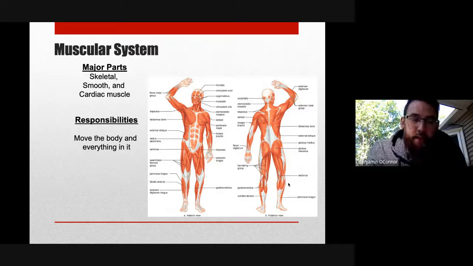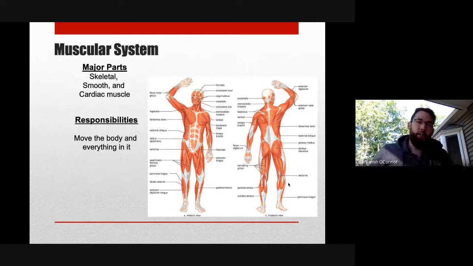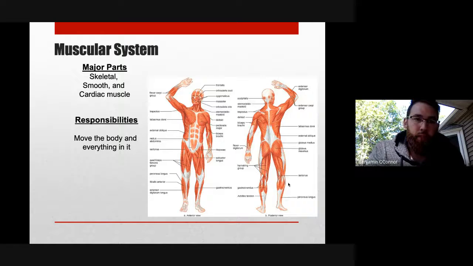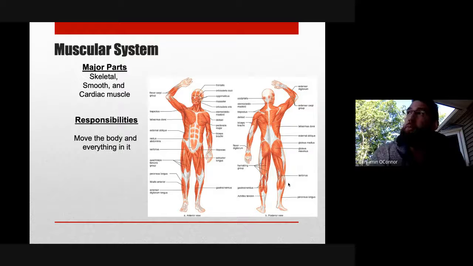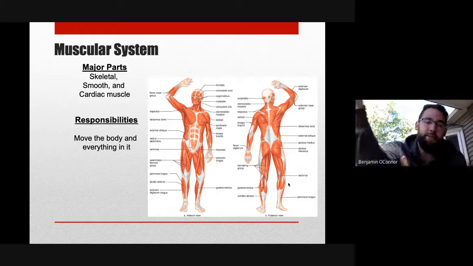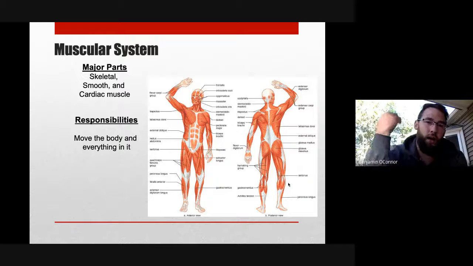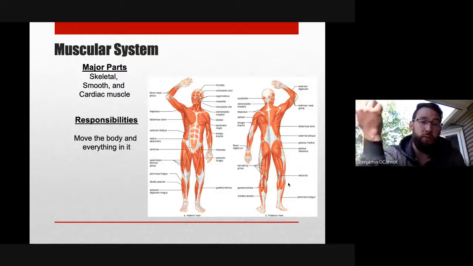Smooth muscle is a lot of the muscle of your organs. Smooth, think of it as a texture. Skeletal muscle is muscles that attach to your skeleton. That's a lot associated with your voluntary movement. So biceps, triceps, extending and retracting your arm, that's all using your skeletal muscles and voluntary movement.